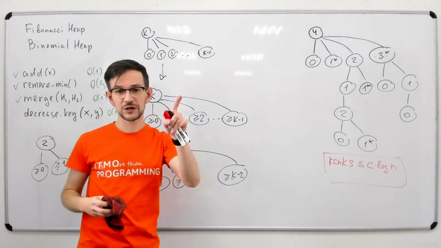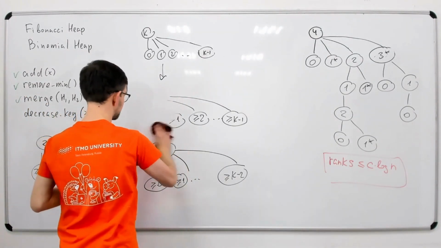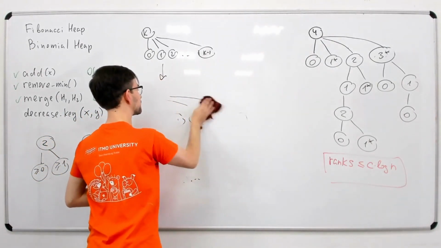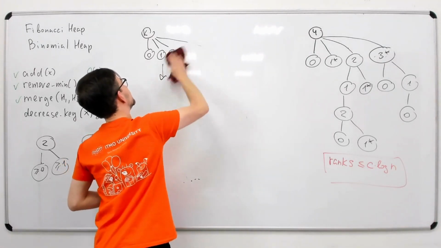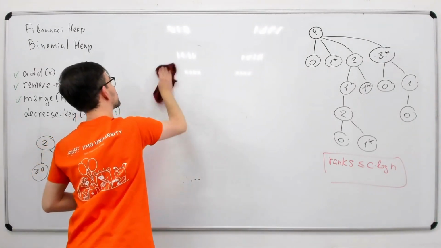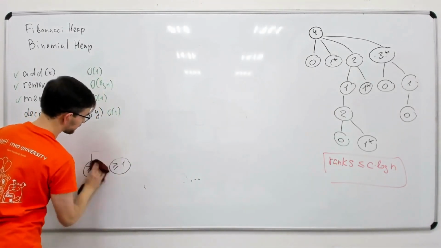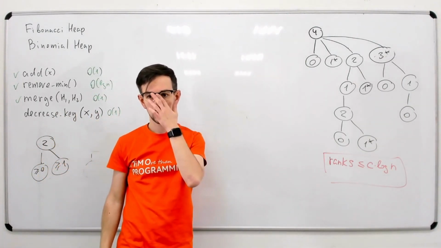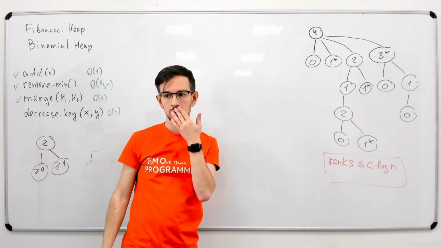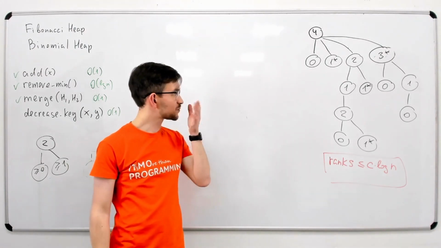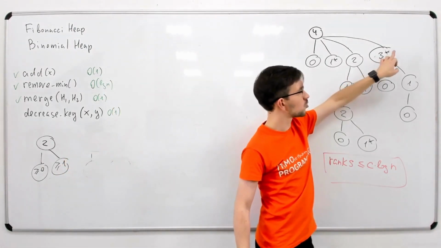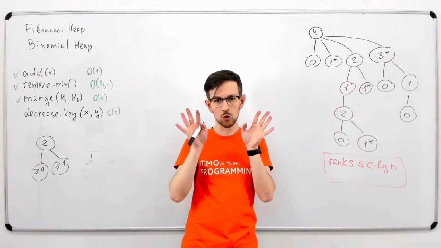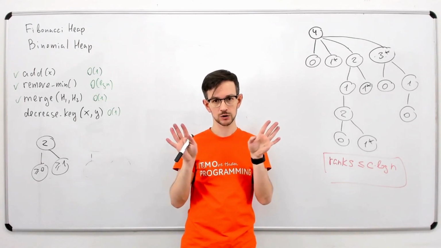Let's go here. How to decrease the key? How to decrease the key of L? Just by definition, this mark shows that we removed one element from this subtree. We are allowed to remove at most one child of any node.